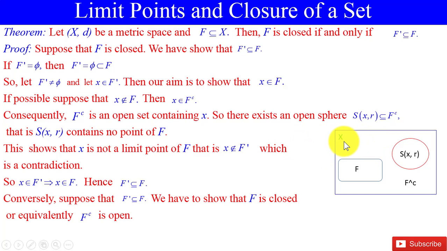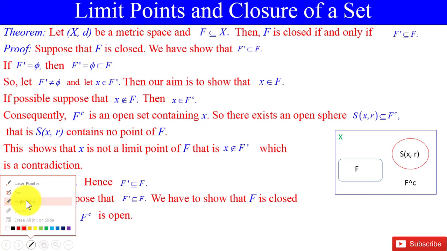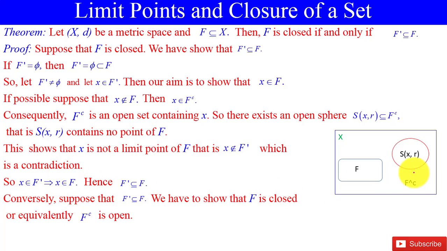Here X is the metric space, S(x, r) is the open sphere. So, if possible, suppose that x does not belong to F, then x must belong to its complement.